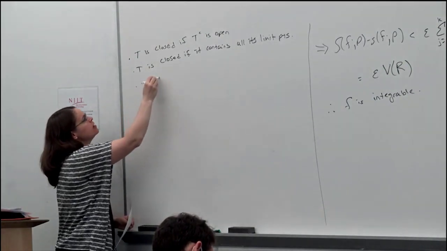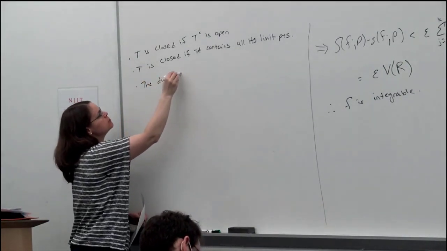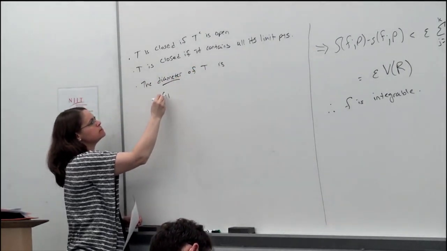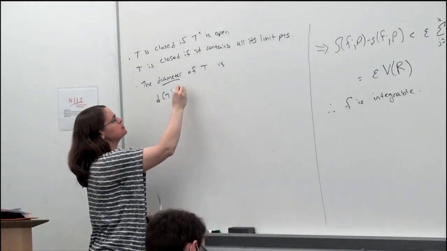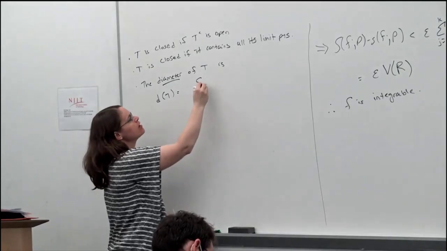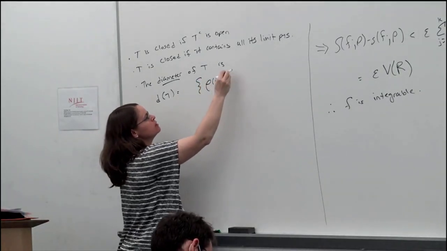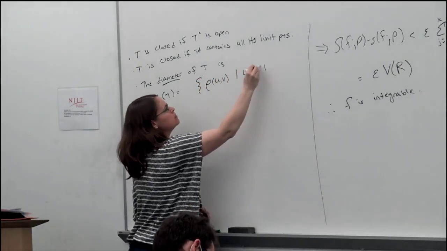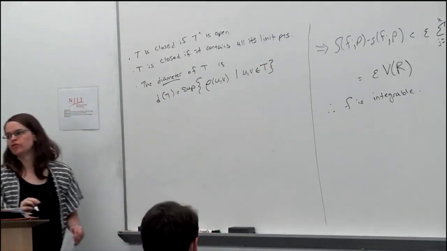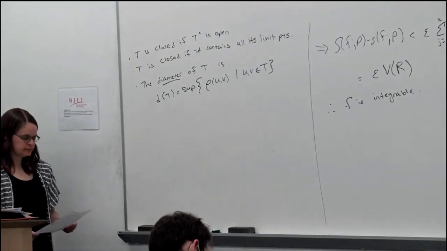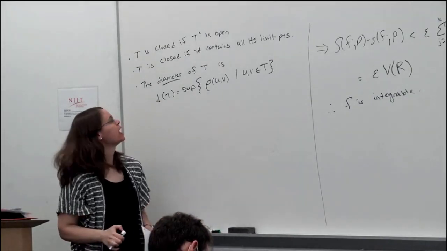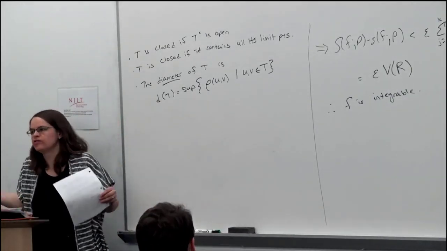Okay, so we're going to say that the diameter of T is, we look at the distance between all possible points in our set, so the distance is given by the metric, and then we take the supremum of all those. Okay, and we're going to say that a set is bounded if it has a finite diameter.